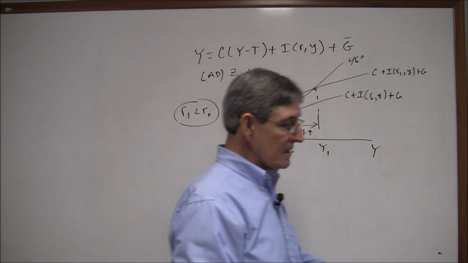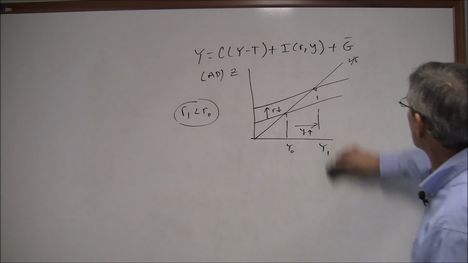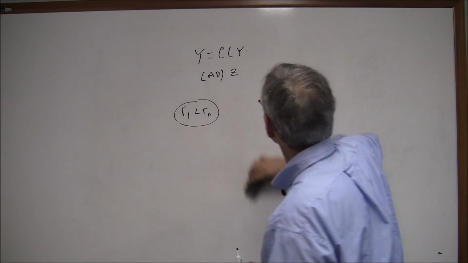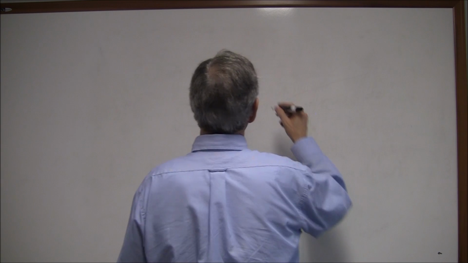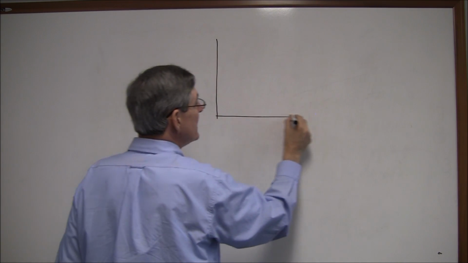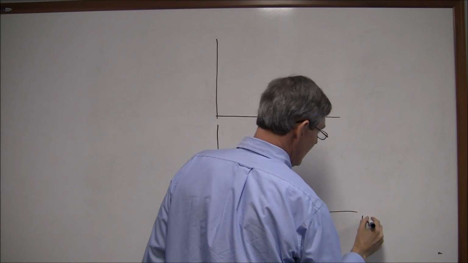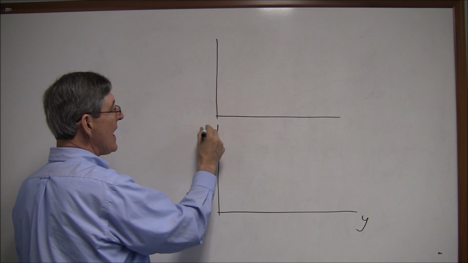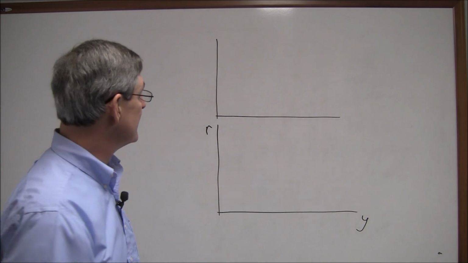So let's do this a little more systematically. We can actually derive this thing called the IS curve graphically. What we're going to need are two different graphs. So we're going to need a 45-degree line. And down here, we'll keep track of the relationship between the interest rate and income.